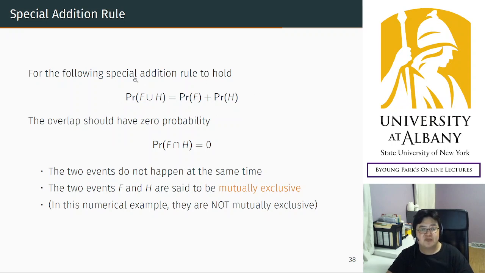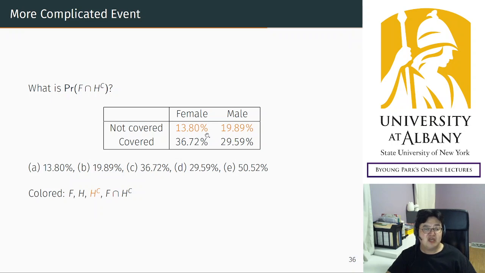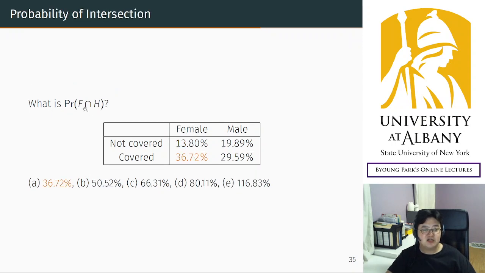But I don't think it's that useful because it's hard to have this kind of mutually exclusive events. In our example, F and H are not mutually exclusive because the intersection has a positive probability. Already we learned the probability is not 0, so they are not mutually exclusive. For them to be mutually exclusive, this probability must be 0. Otherwise, they are not mutually exclusive.